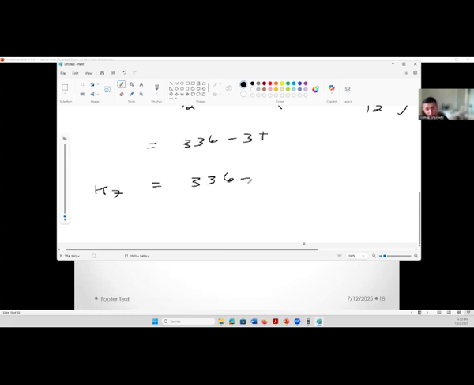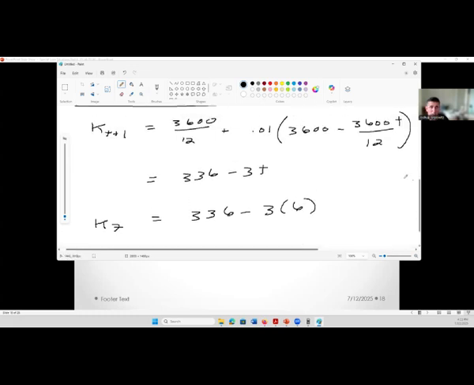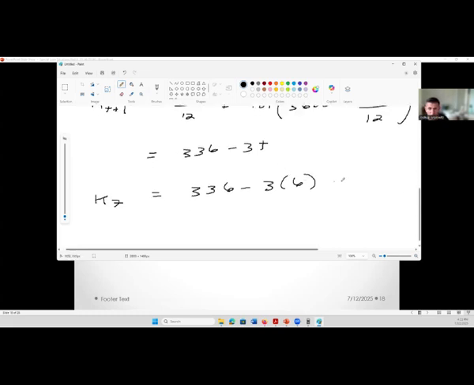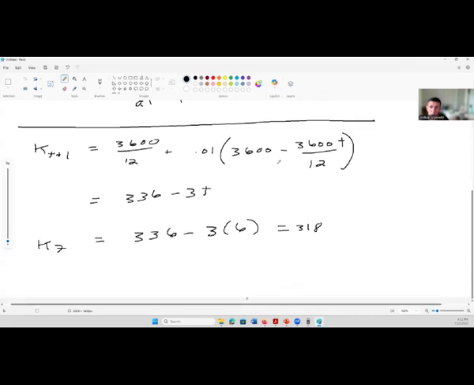I think it's much better to stick with, when you get this kind of problem, writing things out as a constant annuity minus an increasing annuity. So here, to be clear, t equals 6 because it's K, 6 plus 1 is 7. So t equals 6 here. This is 318. It's big.